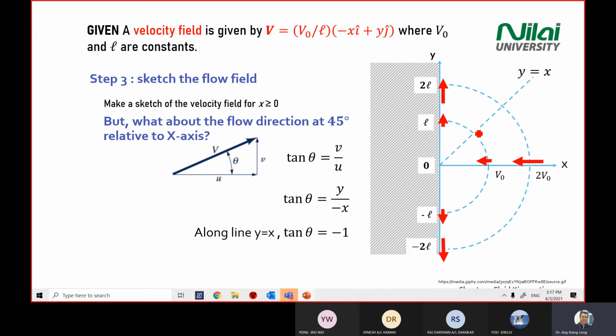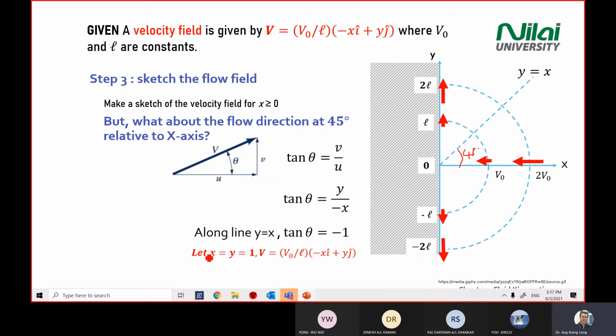Along this line, the angle is 45 degrees. So tangent 45 is the one that we want to find. Along this line y equals x, so if you replace y with x, you'll get minus 1.